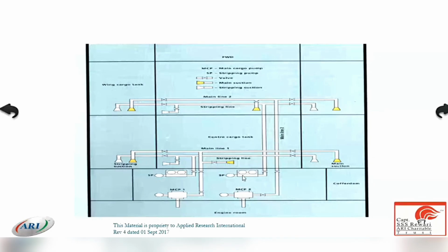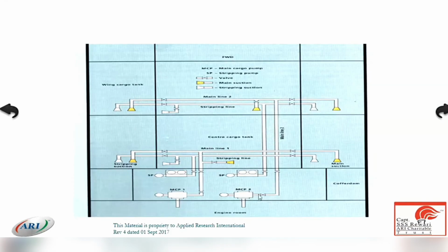So you have a separate pipeline arrangement for discharging through the main pump for bulk discharge, and you have a separate pump, separate suction valve and pipeline for stripping the tanks, the stripping pump. Earlier, we used to have this kind of arrangement on ships. We used to have a separate stripping pipeline arrangement and a separate main cargo bulk discharging arrangement. Main suction and stripping suction, not connected to each other.